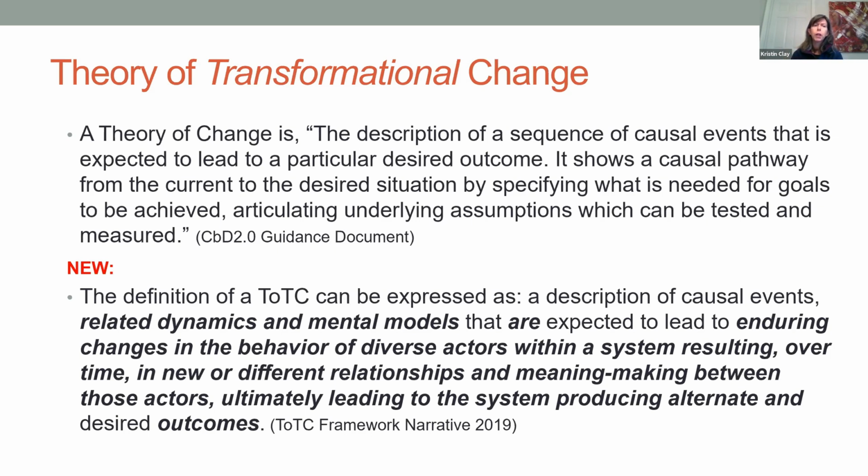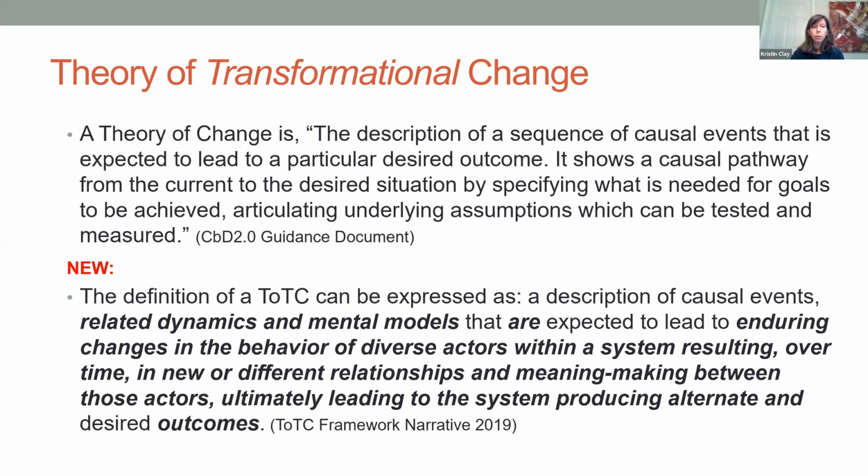And you're working on changing the behavior of the actors within a system in large part by changing how they relate to each other. So it's not just focused on getting them to do this action, but how they are relating to each other and how they make meaning between each other, and that is a way to really start shifting the system and having a transformative outcome.